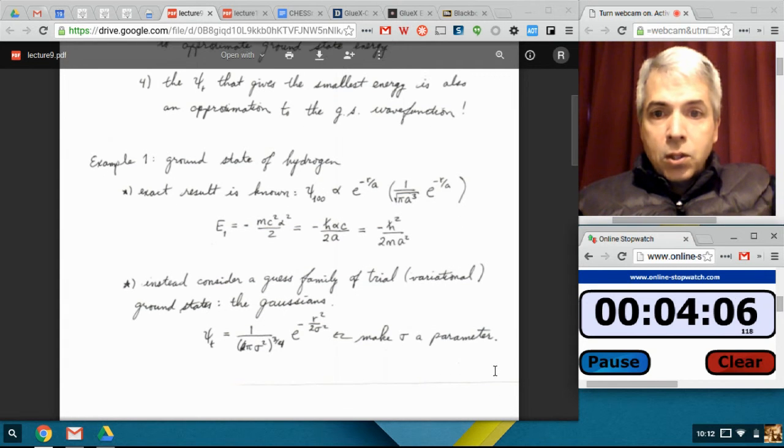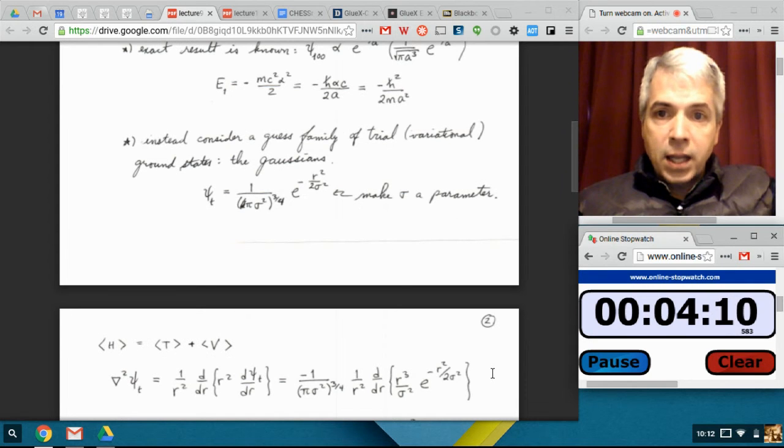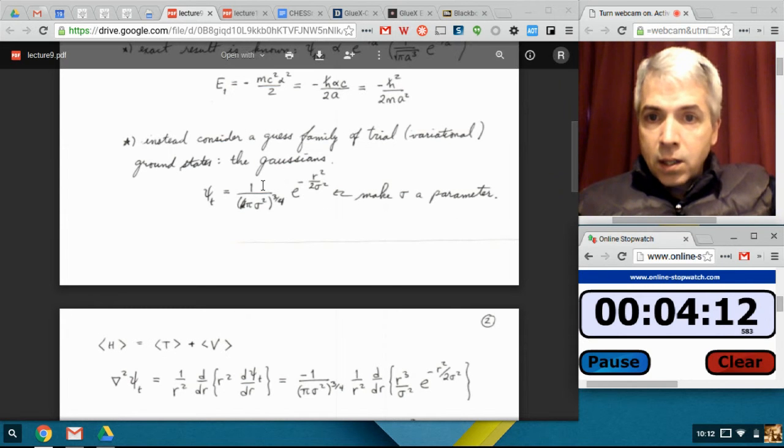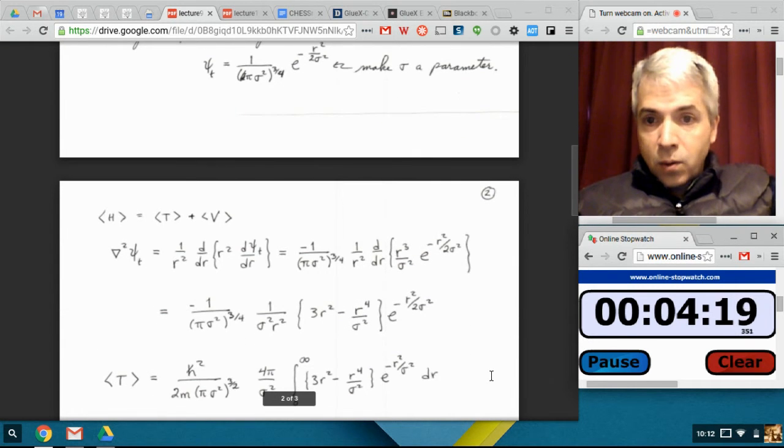So what happens to the result? You'll have to go through and modify what I did, because I think in class I had a square root of 2 on the top here. But if you go through, nothing changes in anything that we wrote, except that the square root of 2 is missing.